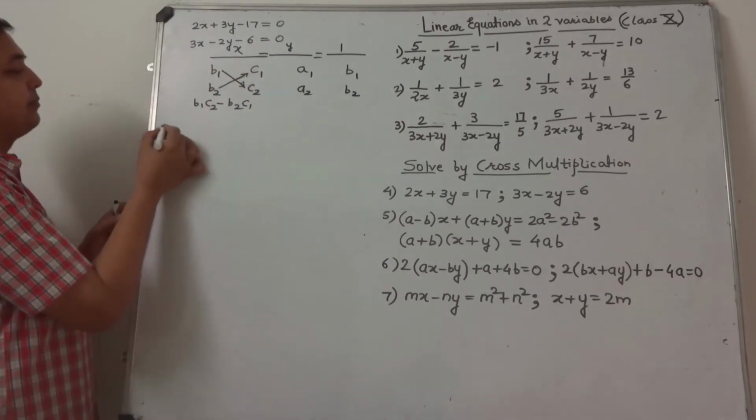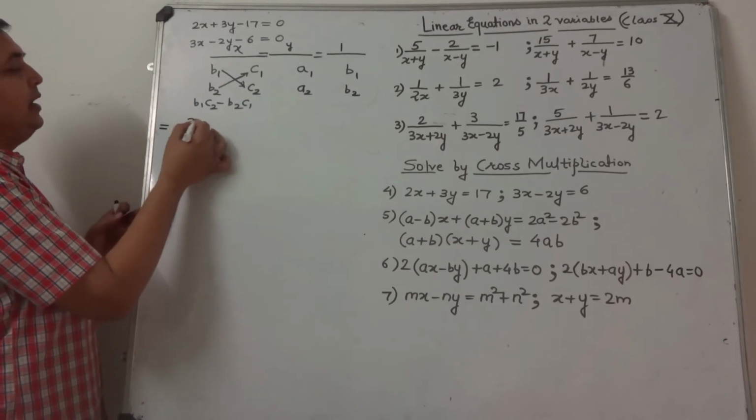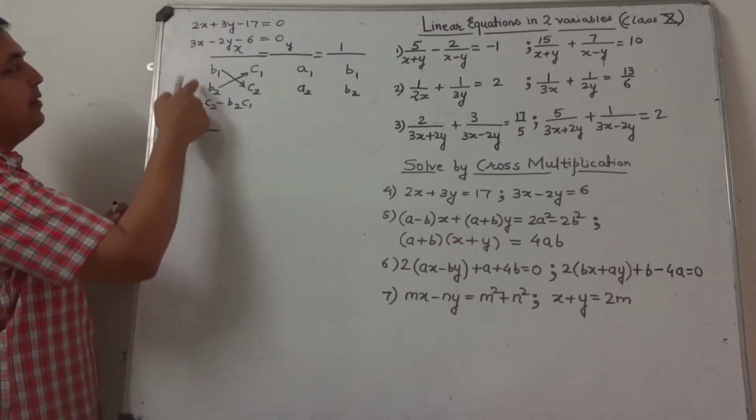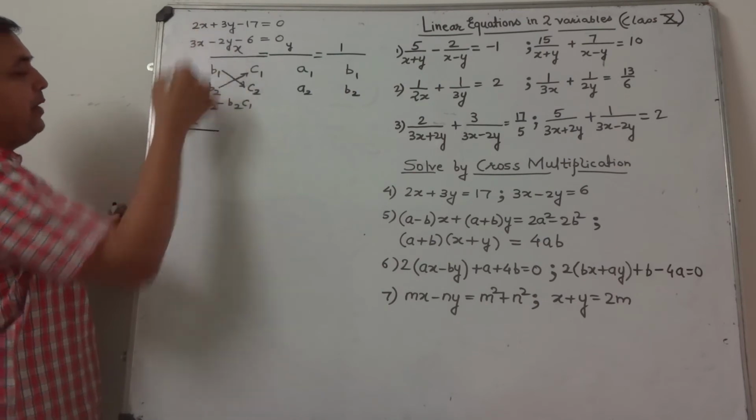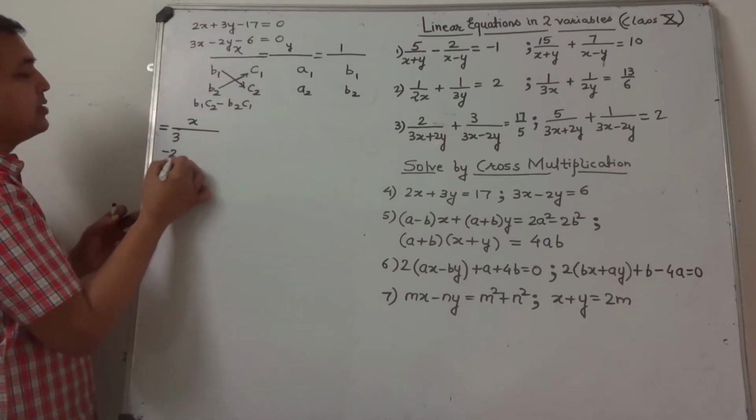Now let us solve. We write x upon B1 B2. B1 B2 is 3, minus 2.